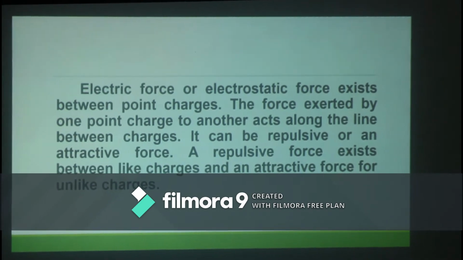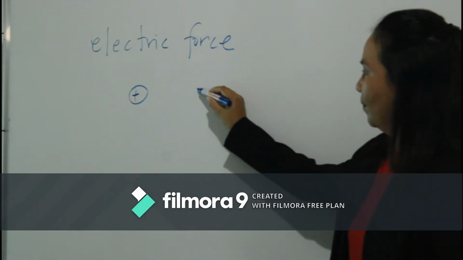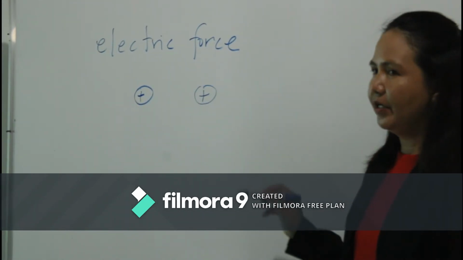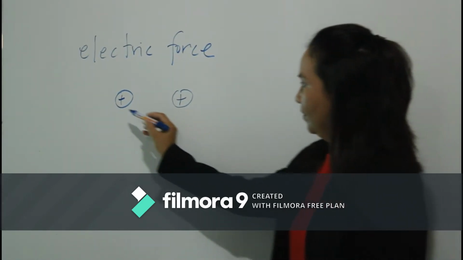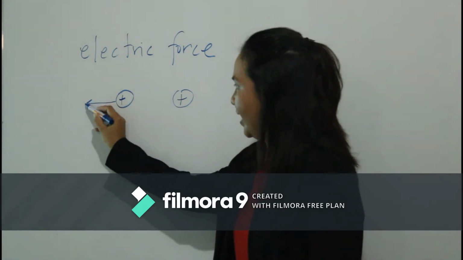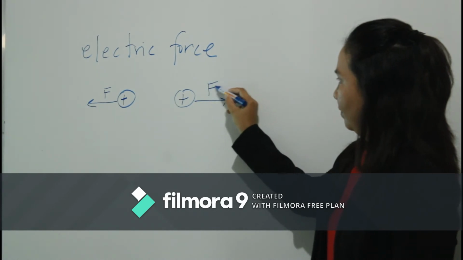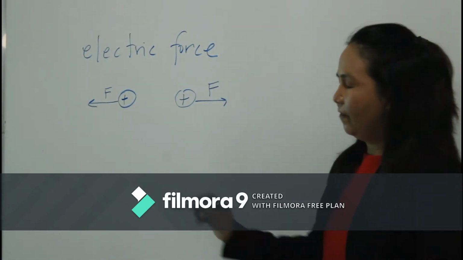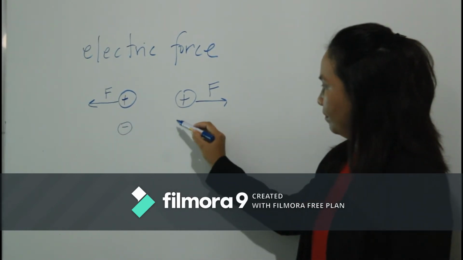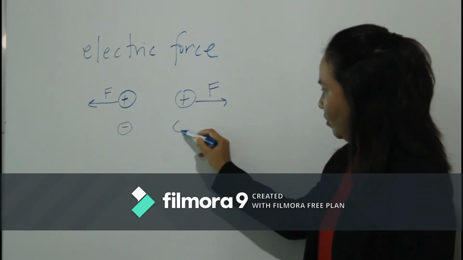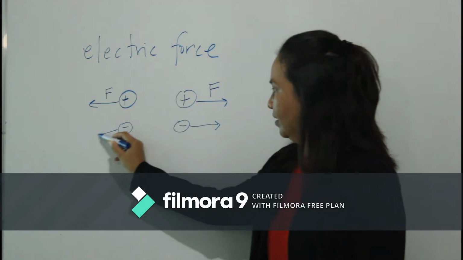So say for instance, if I have a positively charged proton near another positively charged proton, a repulsive force exists between these point charges. So the force is represented by an arrow. Now similarly, if I have a negatively charged object and another negatively charged object, a repulsive force also exists between them.